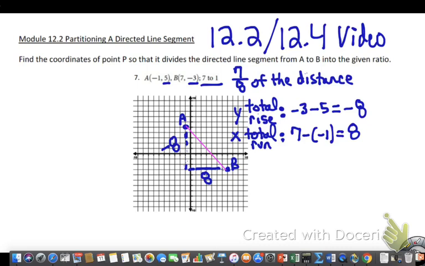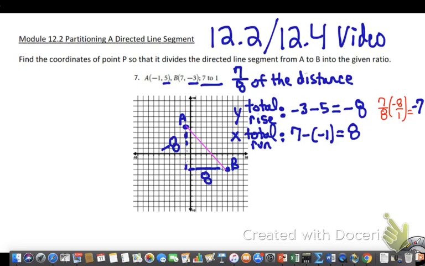Next, we need to figure out what is 7/8 of those distances. So we need to figure out what is 7/8 times -8. And remember, -8 is really -8 over 1 when it's not written as a fraction. So then we can see that the 8s would cancel out, and we would have -7.